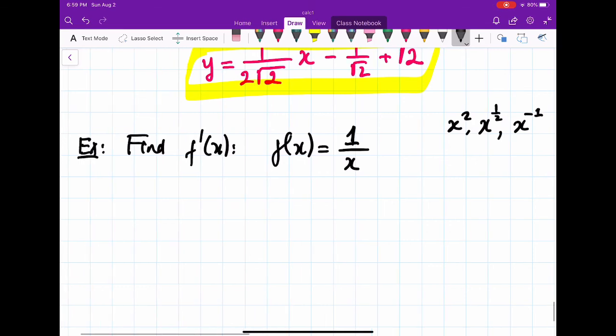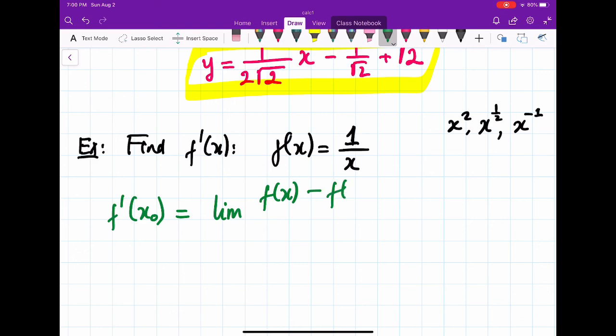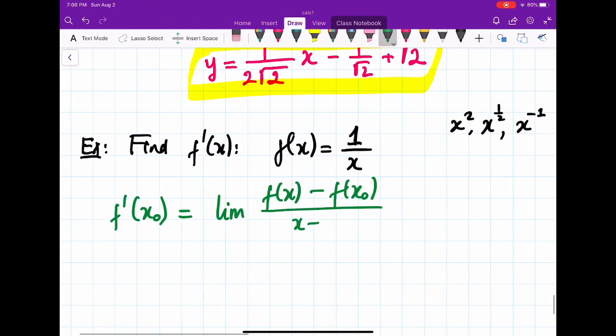Okay, again, we need to use the definition. We don't have anything else. So the derivative at some point x0 is equal to the limit of f of x minus f of x0 divided by x minus x0 when x approaches x0.